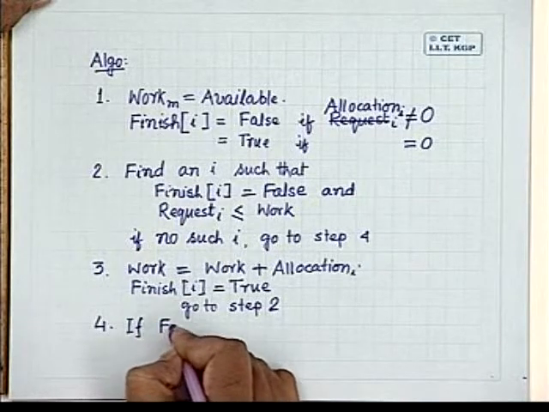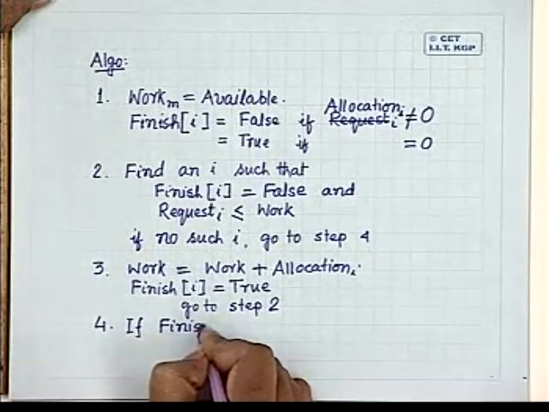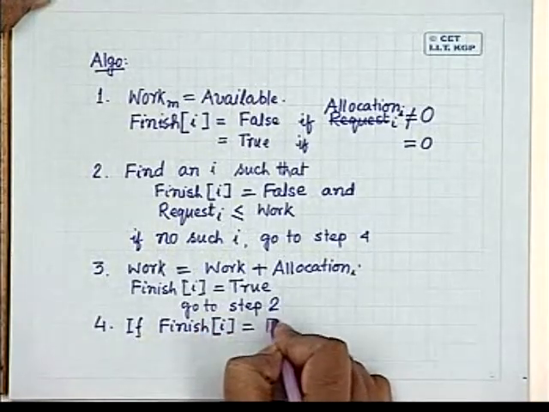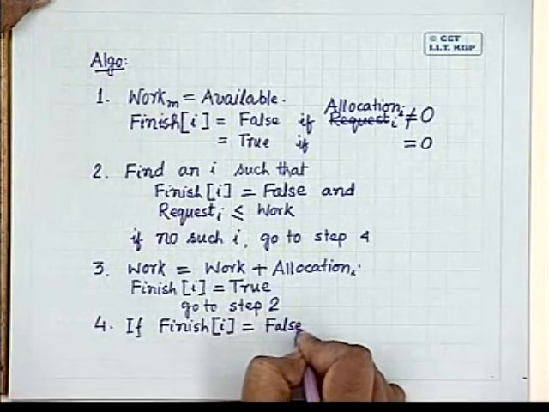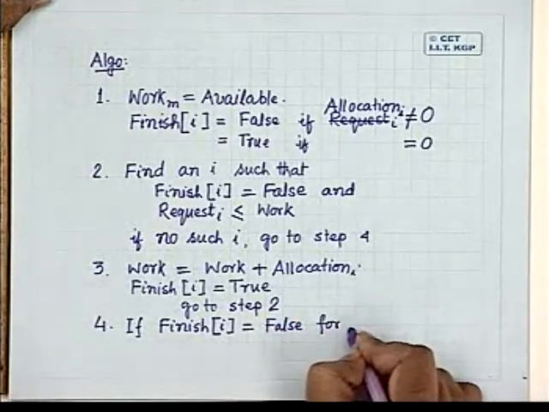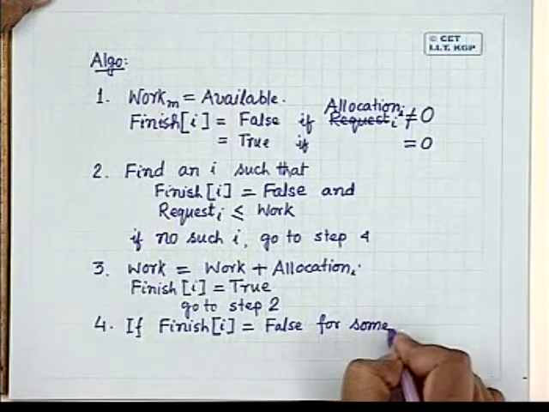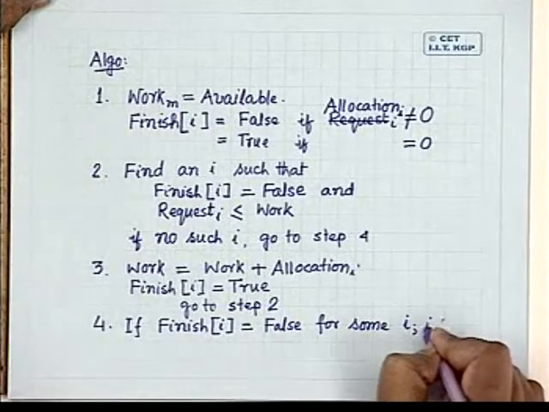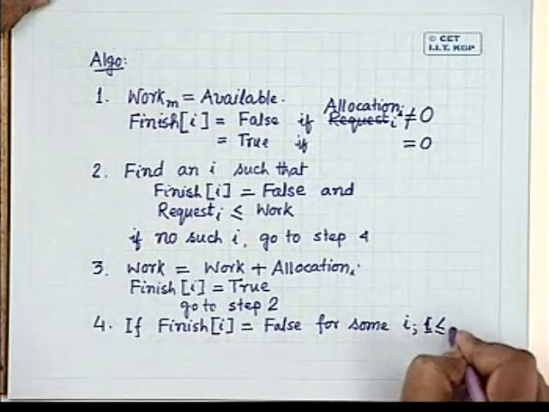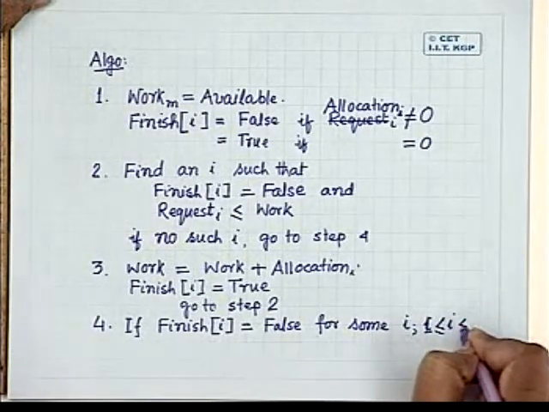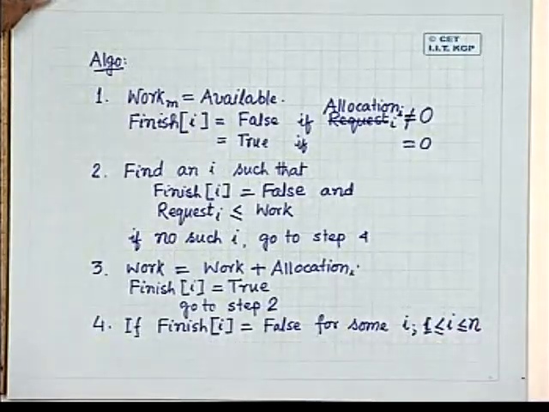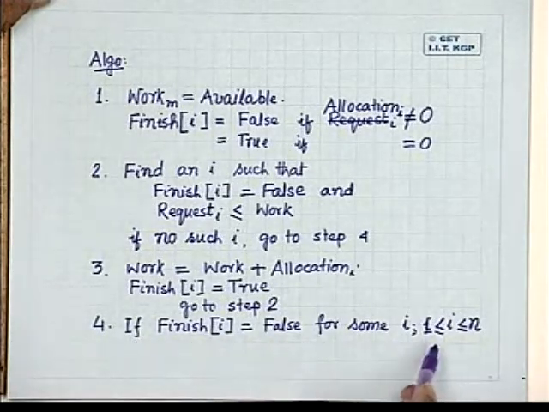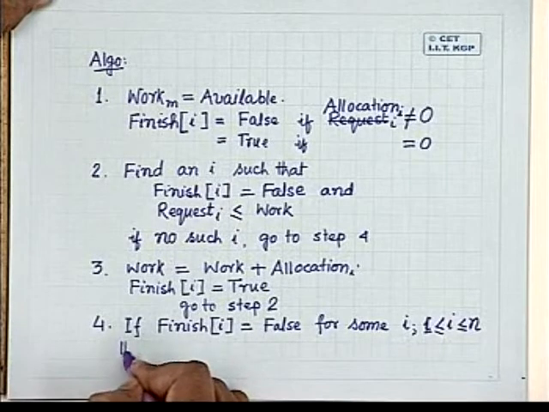So if we find that finish[i] equals false for some i, obviously i has to be greater than or equal to 1 but less than or equal to n, where n is the number of processes, then the system is in deadlock.